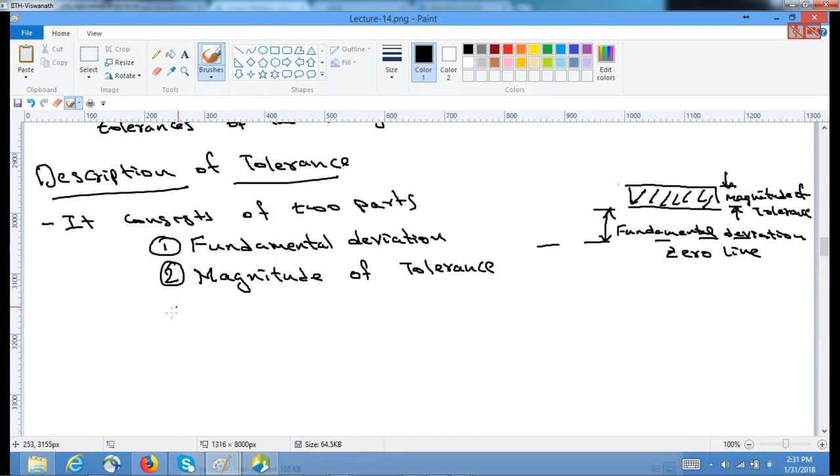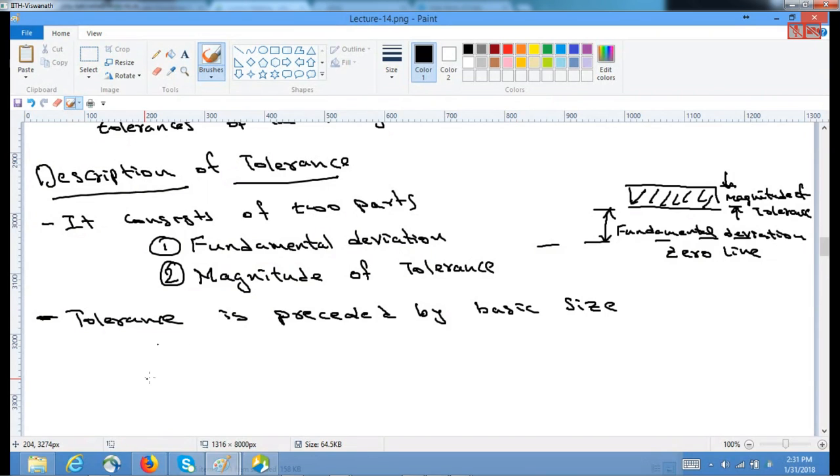So further, when you are mentioning this tolerance, you need to mention the zero line, and zero line comes with the basic size. So tolerance is preceded by basic size.